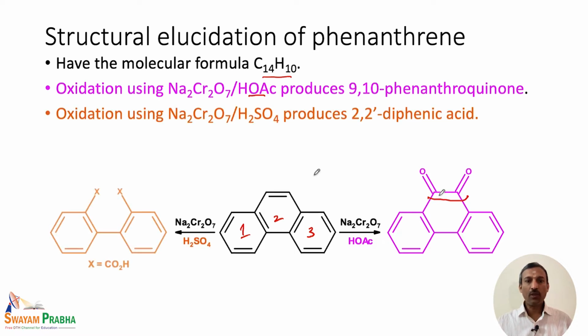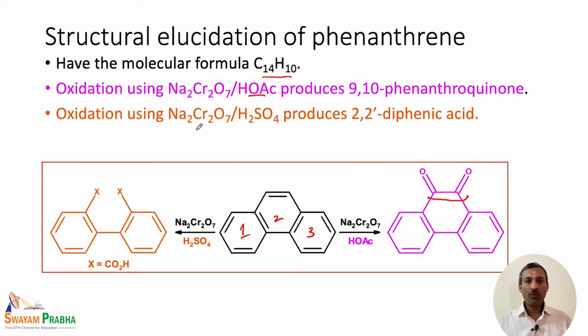And when we do the oxidation using sodium dichromate and sulfuric acid, which is a much stronger oxidizing agent, we end up with a dicarboxylic acid, that is 2,2'-diphenic acid. Both the X groups are carboxylic acid groups, and this is how we can find out that there are 3 ring structures.